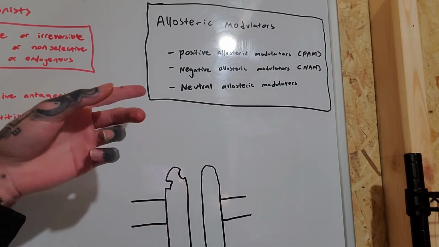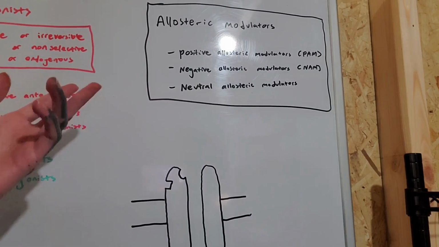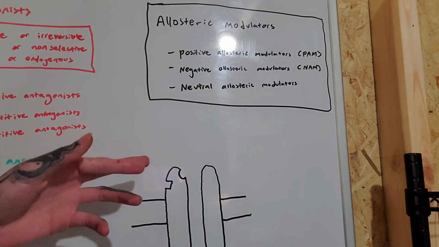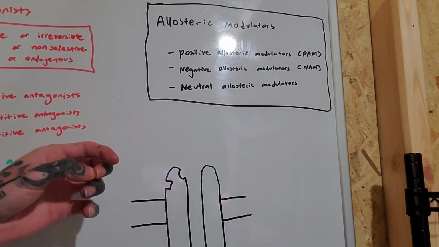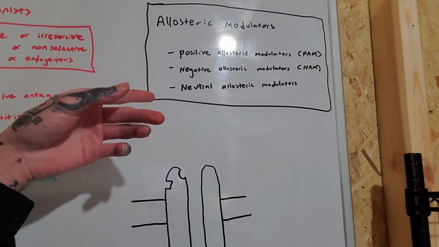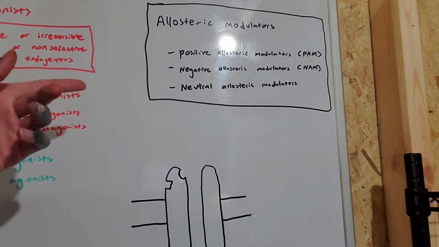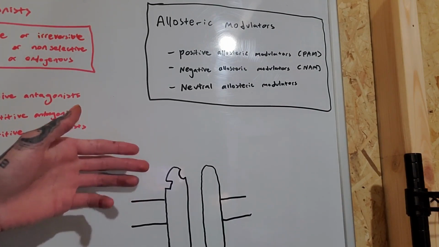Then the negative allosteric modulators, or NAMs, do the opposite of that. They bind to the allosteric site and they either reduce the affinity or efficacy of the orthosteric ligand. Neutral allosteric modulators are a bit less common here. They are an allosteric modulator that binds the allosteric site but doesn't do anything.